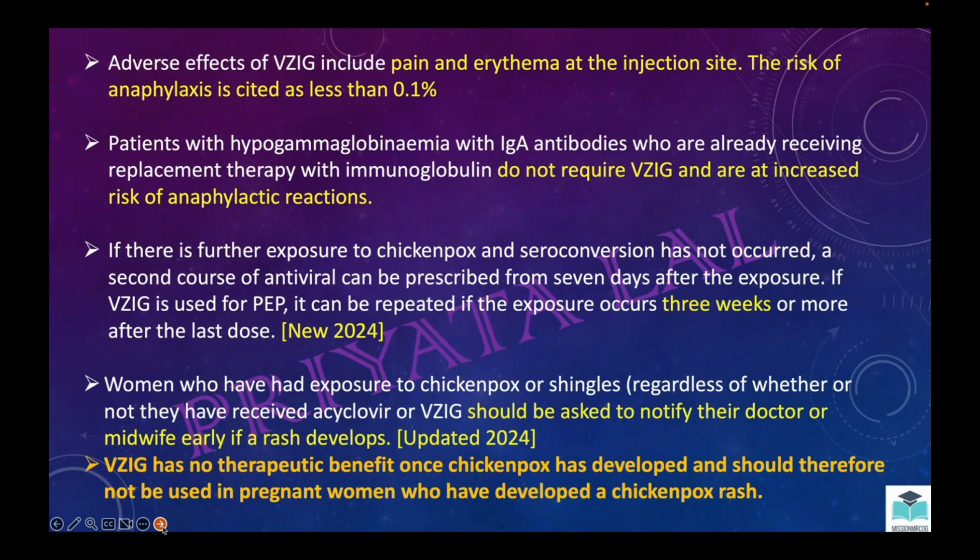Why? Because you have to see whether seroconversion has occurred or not. That means the patient has got varicella zoster immunoglobulins or not. If after second exposure also the patient's blood comes negative for varicella zoster immunoglobulins, at that time a second course of antiviral can be prescribed from the 7th day after second exposure.